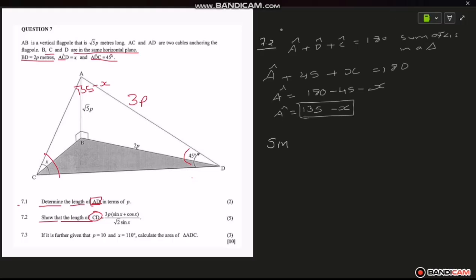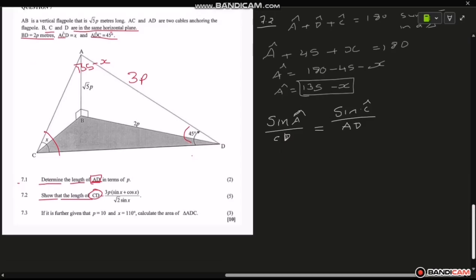Therefore, we can use the sine rule, because we do have the properties of sine rule here. So sine A over CD equal to sine C over its opposite side, which is AD.